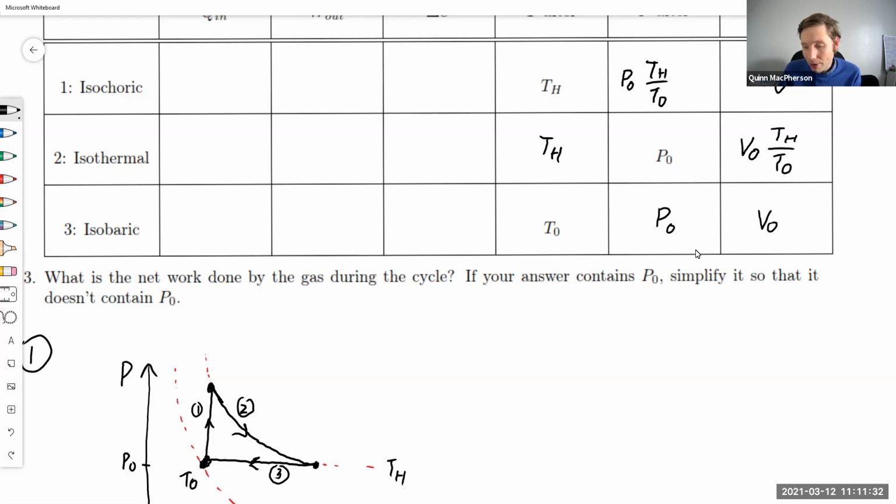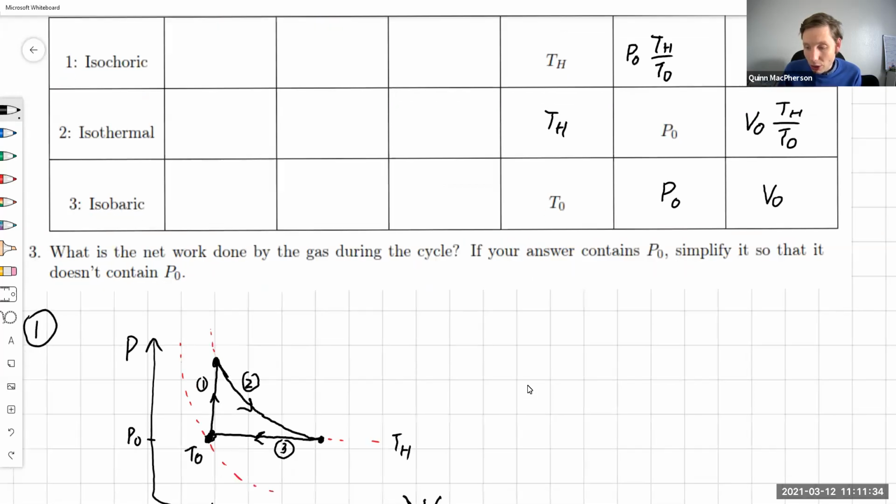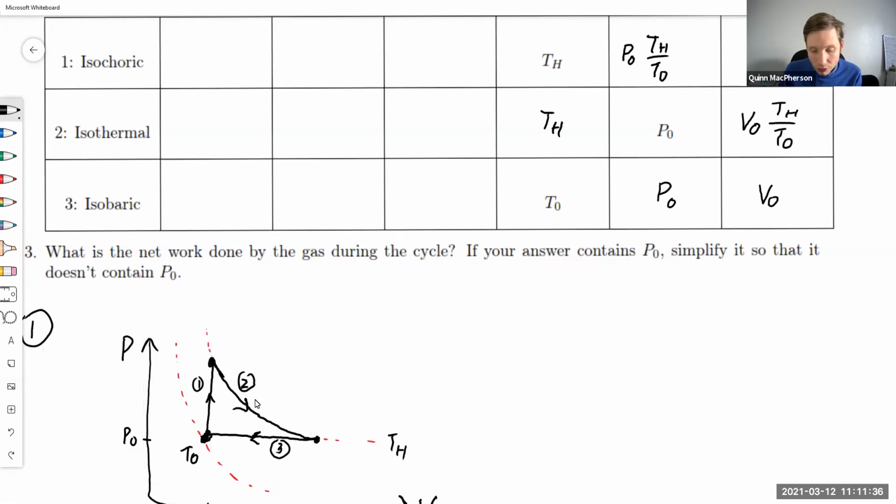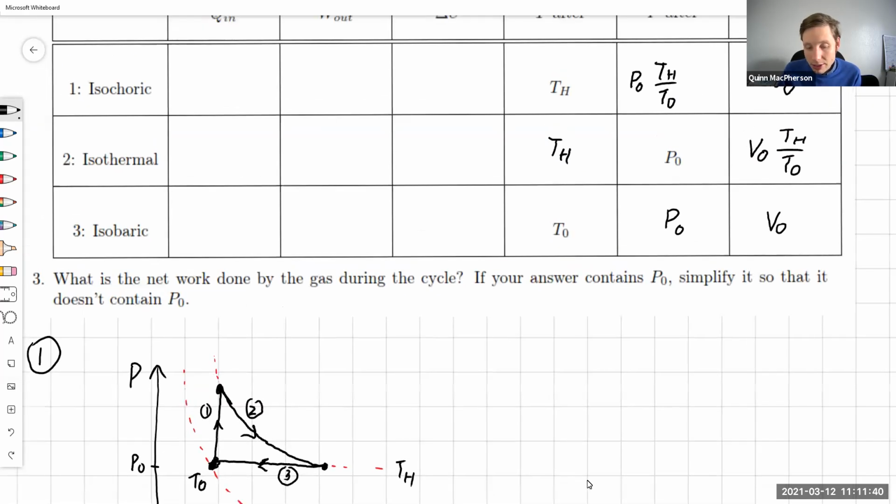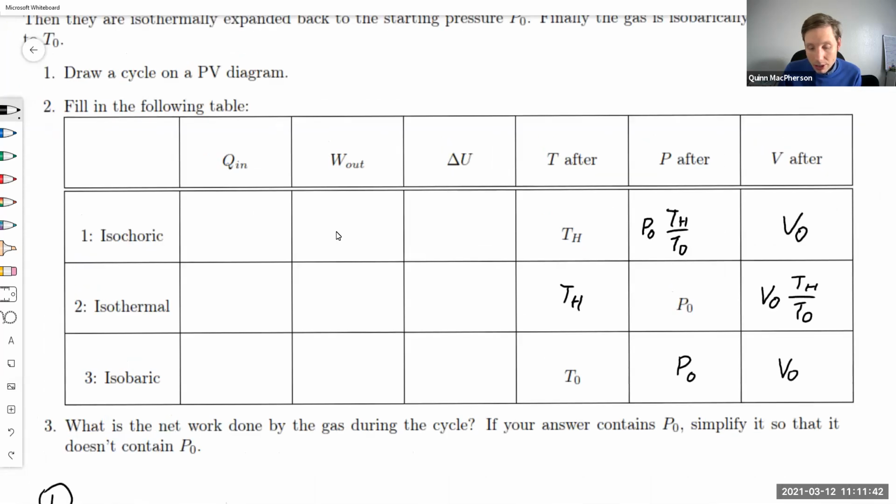Okay, so that's all of my pressures, volumes, and temperatures for those 3 points. Now, let's talk about the heat that goes into the gas, the work that leaves the gas, and the change in energy of the gas for each of these steps.